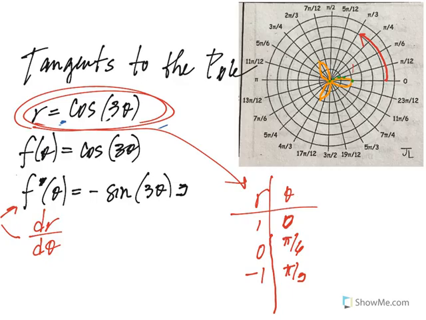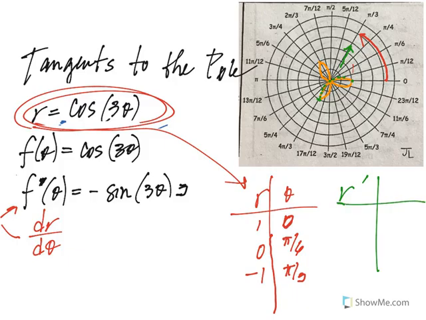They're going to go down to 0, and then they're going to steadily decrease to negative 1. That is, when I'm pointing in this direction, I'm actually backing the truck up 1 unit, which puts me right there on the circle.